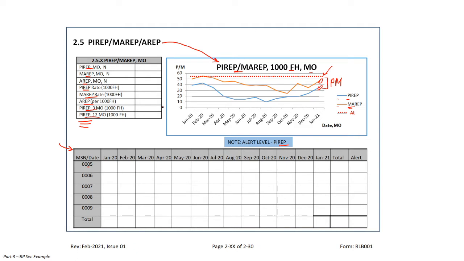Sometimes we are assuming that, hey, the older aircraft might have a higher number of PyReps, MyReps. Unfortunately, this is not always the case. Or maybe fortunately, this is not always the truth. But it is very interesting to see correlation between aircraft age and PyRep, MyRep number.